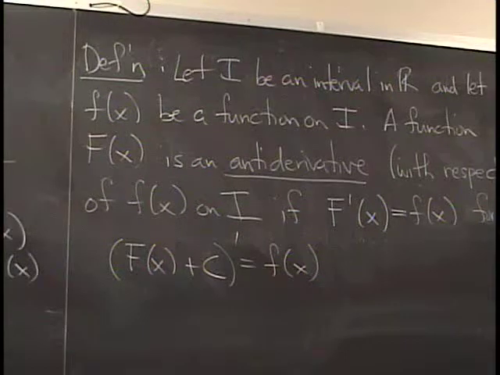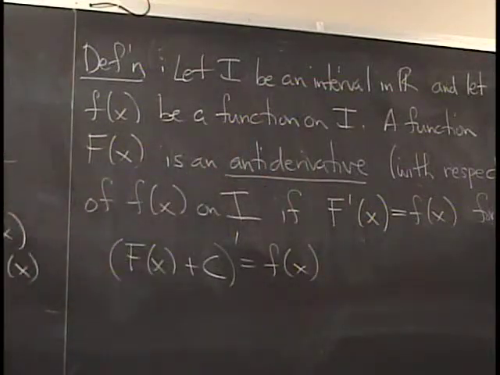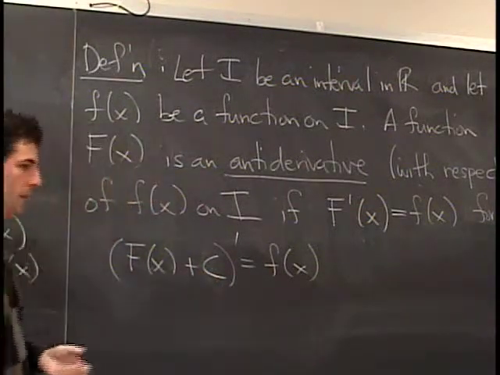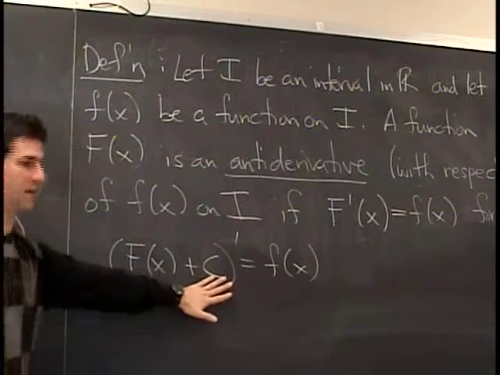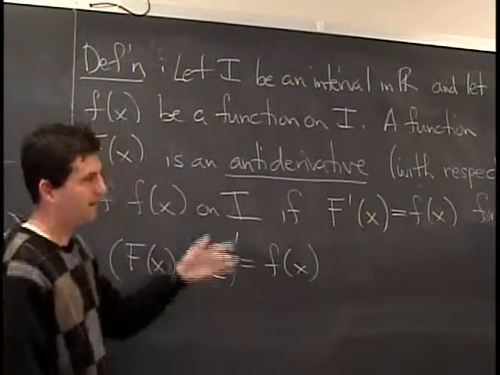So this is already kind of sad. It would be really nice if there was just one antiderivative for a function. There's only one derivative for a function. Why shouldn't there be one antiderivative for a function? But no, alas, once you get one, you always get plus c. So what's the next best thing? Well, the next best thing is if this is as bad as it can get. Let's say you find one of these, then you say, okay, I have plus c.